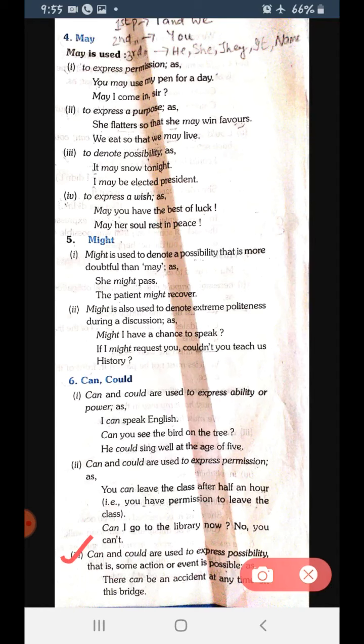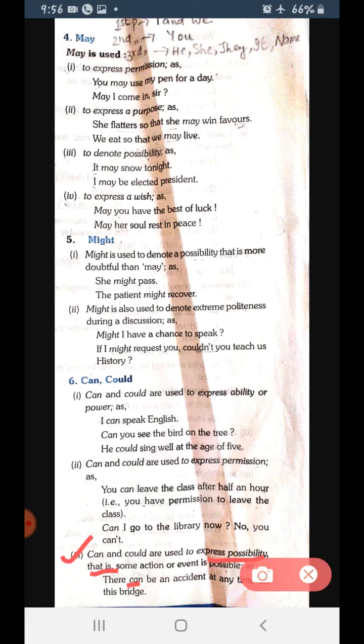Fine? They express possibility. That is, some action or event is possible. That means any action or any event is sure to happen. Example, there can be an accident at any time on this bridge. So it shows that there can be an accident at any time on this bridge.